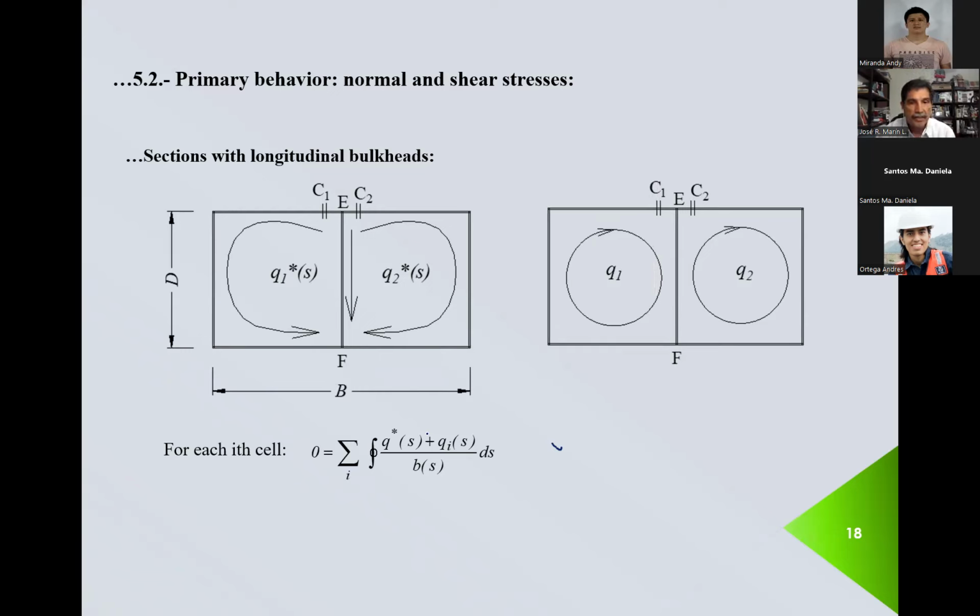Now, what we do is this. Q star is known because the left-hand side we could solve completely. So Q star 1 and 2 are completely known, and we can put them on the right-hand side because it's the independent term.